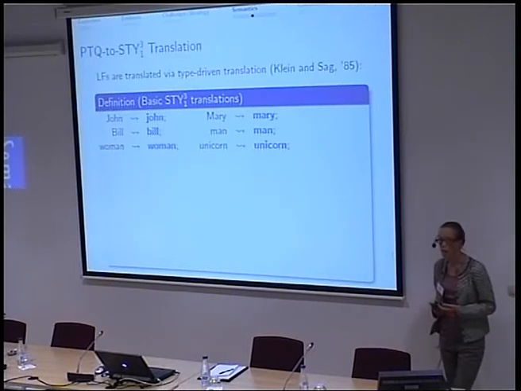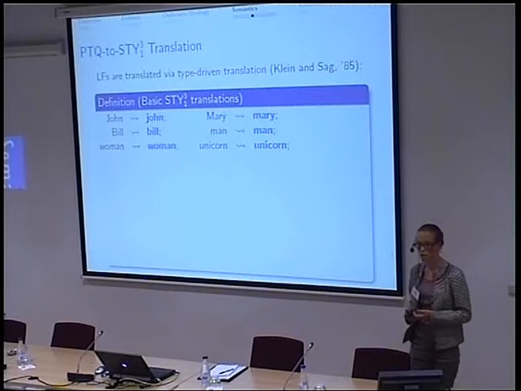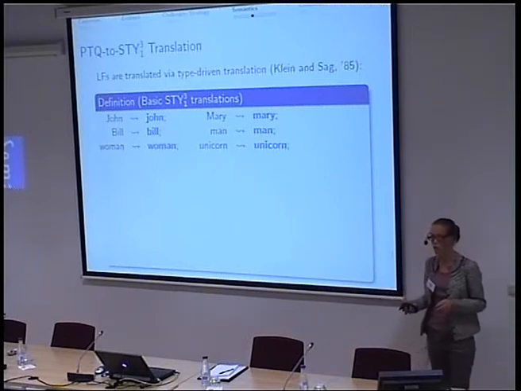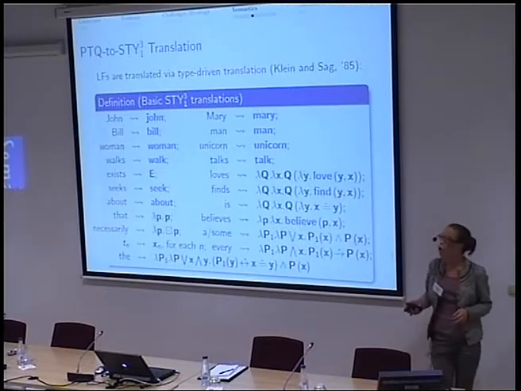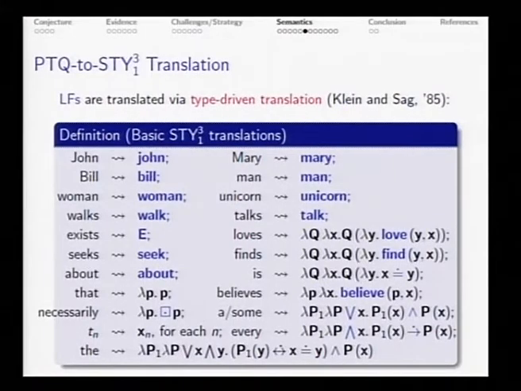It will assign the common nouns man, woman, and unicorn to the type ST constants man, woman, and unicorn. And it will assign to all other PTQ words suitably typed variants of terms that look suspiciously like the original Montagovian translations, modulo a couple of changes.